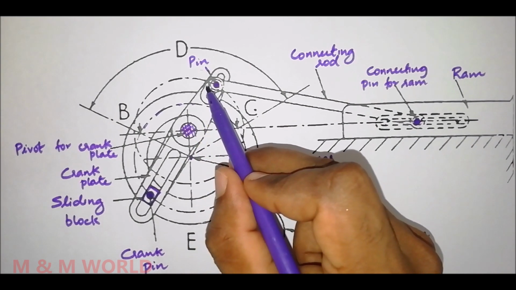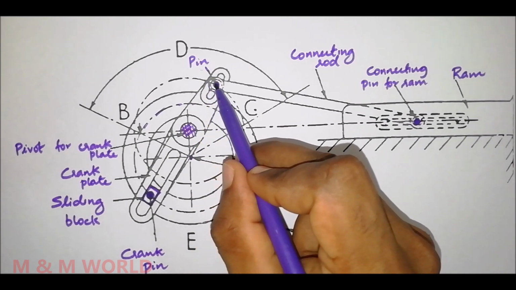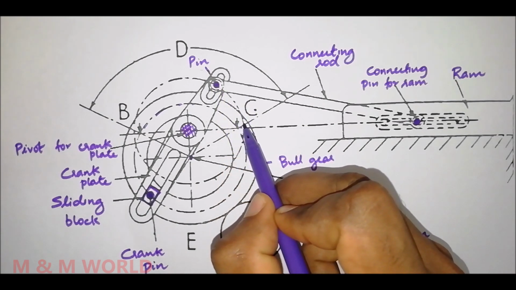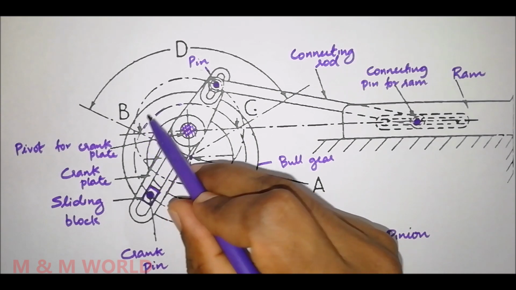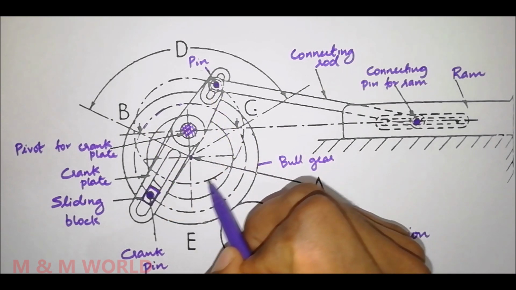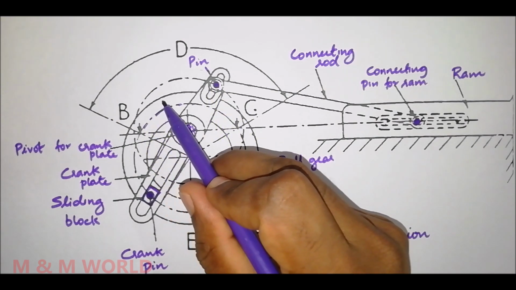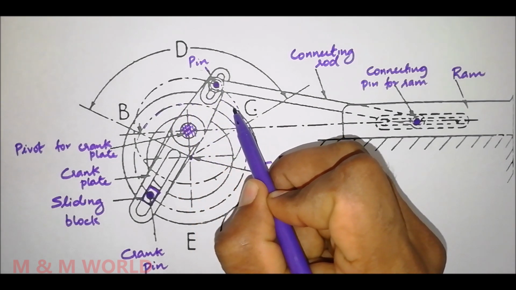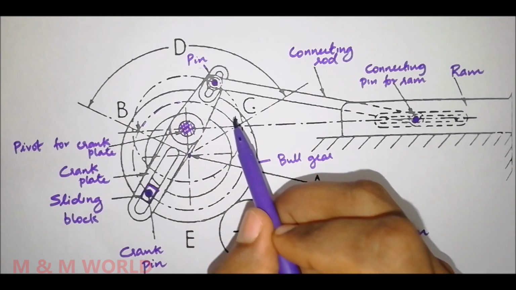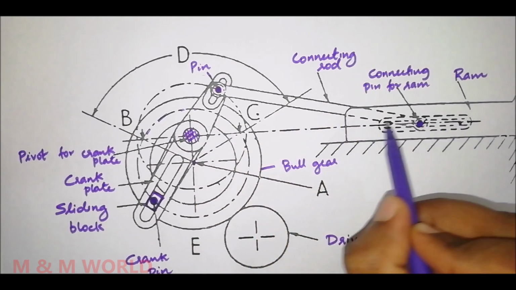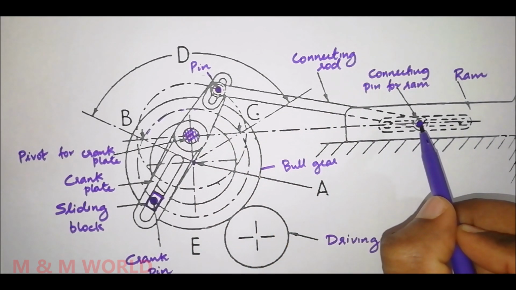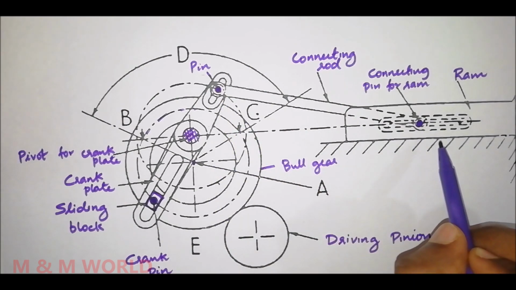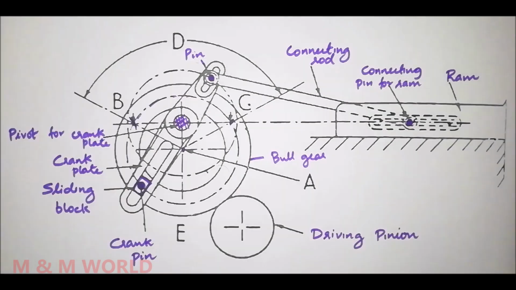The pin fitted on the other end of the crank plate also rotates in a circle, and the rotary motion of this pin is converted to reciprocating movement of the ram.